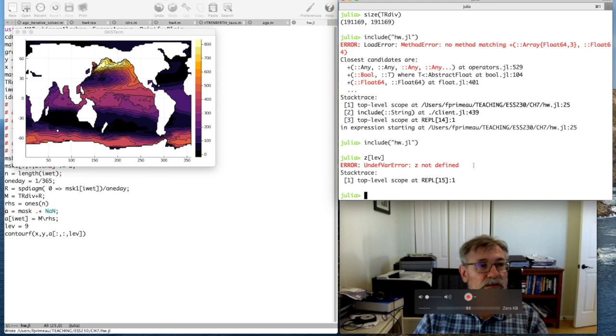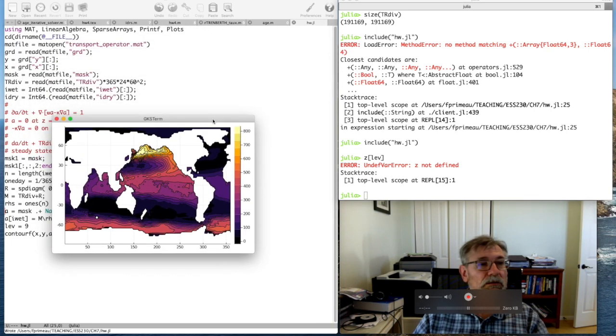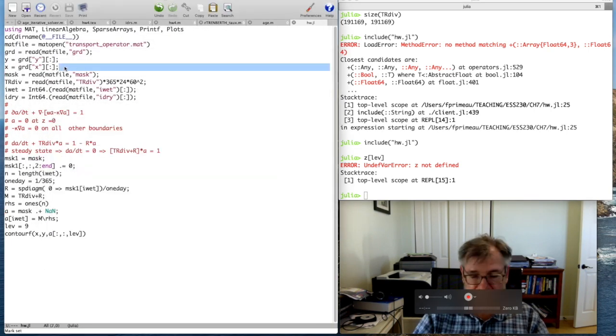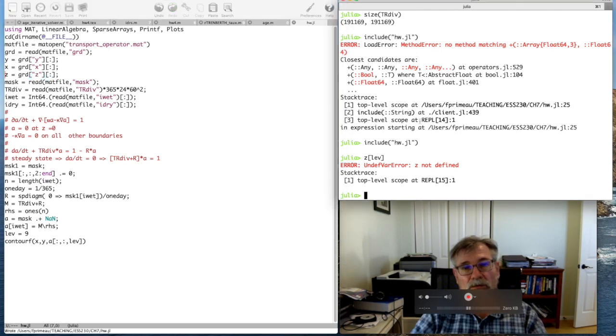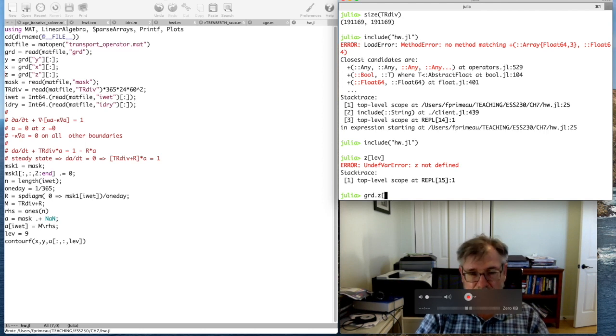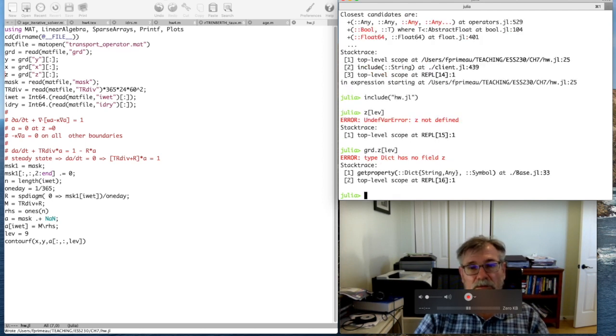Which is level 9, that's Z lev. No, Z doesn't exist. Does Z exist? Oh, I didn't read Z. So let's read in Z. Z is equal to grid Z, colon, grid Z lev. That doesn't, oh, it's not how we do it.